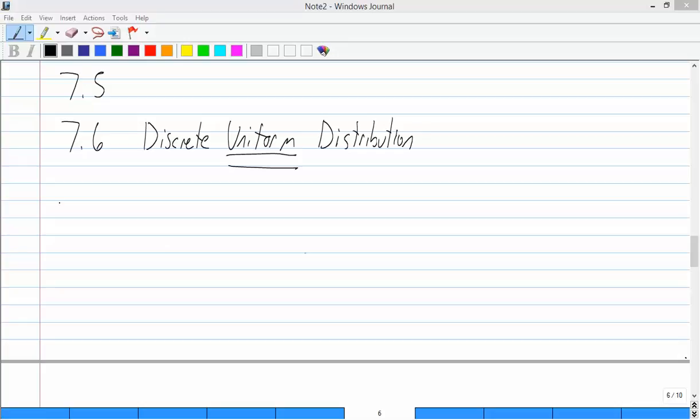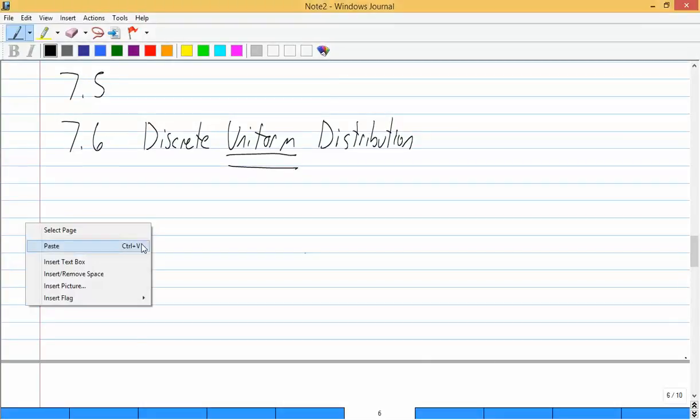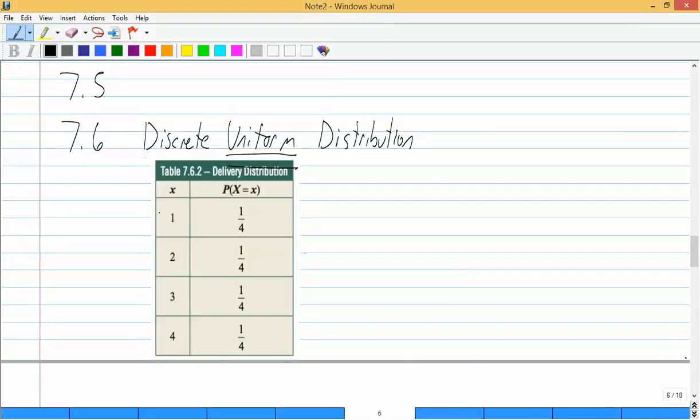All right, and so each week has the same probability. The probability it will be delivered week 1 is the same as the probability it will be delivered week 2, the same as week 3, the same as week 4.